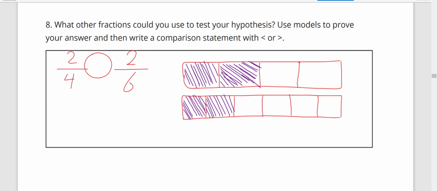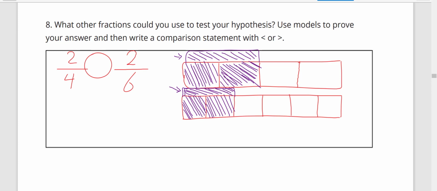We look at the first model, these 2 parts, and the next model, these 2 parts. Which is greater, this fraction or this fraction?